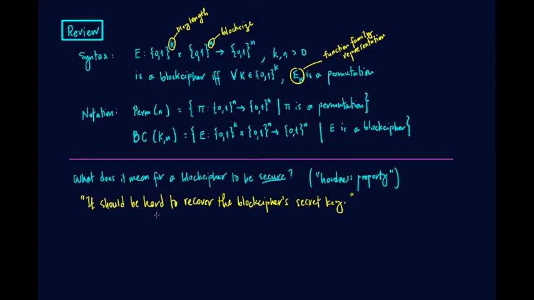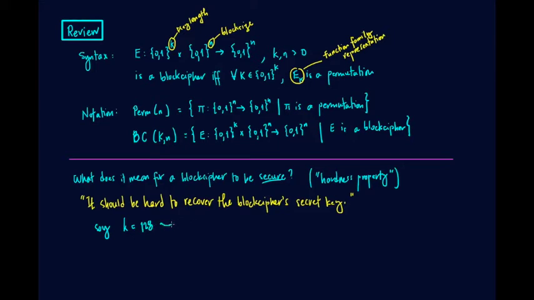Like in the example I just gave, I said, well, if you see some plaintext-ciphertext pairs, you shouldn't be able to guess what the secret key is. But you can always guess what the secret key is, right? So let's think about this for a second. Let's say that the key length is 128.